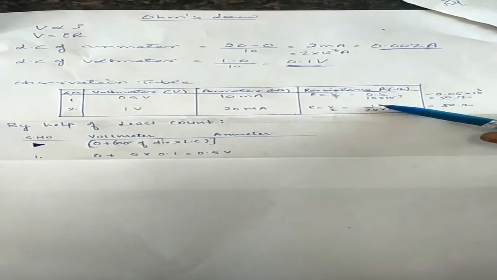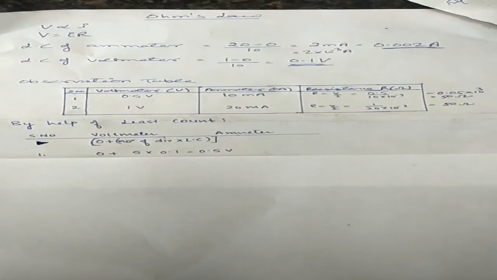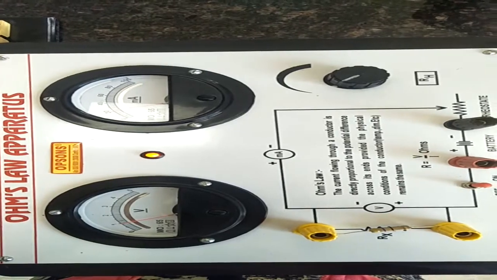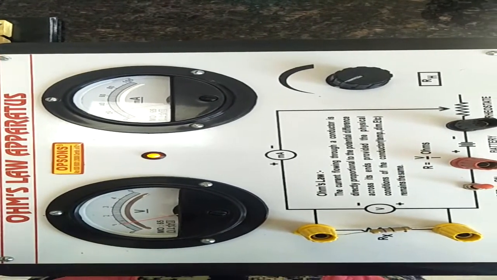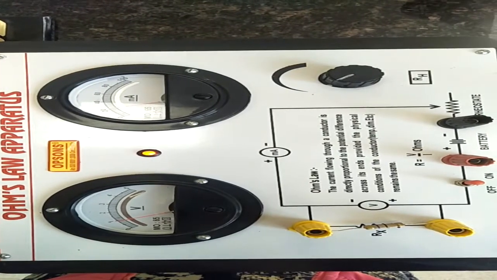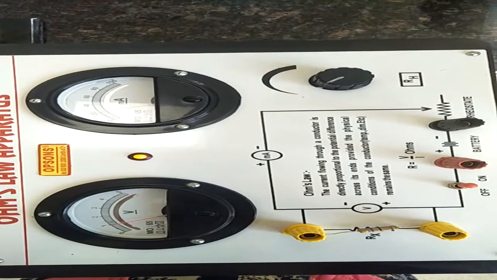V upon I, 1 upon 20 into 10 to the power minus 3, becomes 50 ohm. So here you can see that the value of the resistance is coming out constant. Similarly, we can calculate more readings. The potential difference at the ends of the conductor remains directly proportional to the current flowing through it. Therefore, the value of R is constant, meaning it remains the same every time.